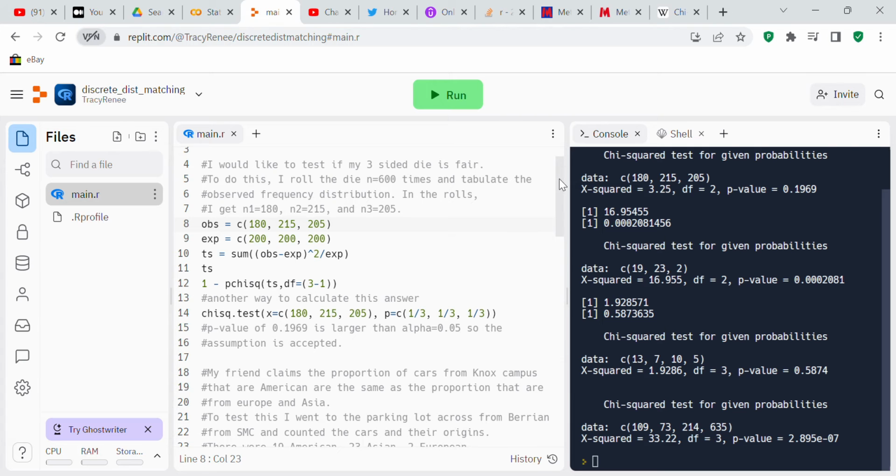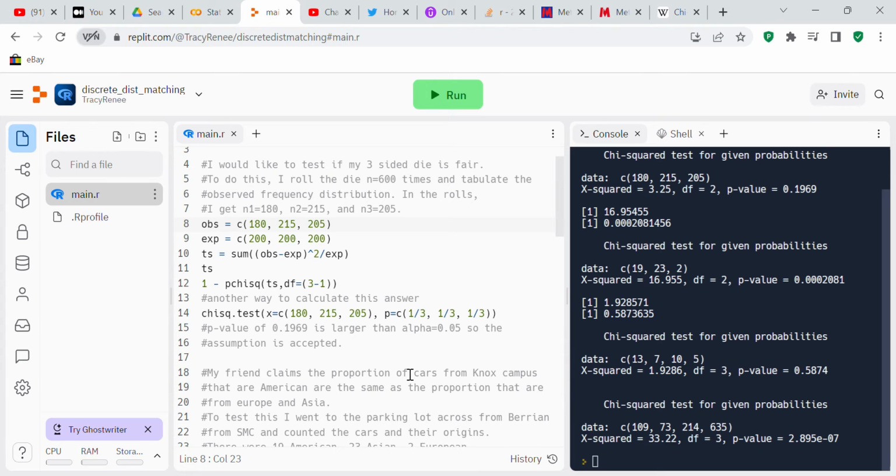So we're only going to use this right here to calculate it. We're going to do chisq.test, x equals c(180, 215, 205). Those were your observations. p equals c(1/3, 1/3, 1/3).